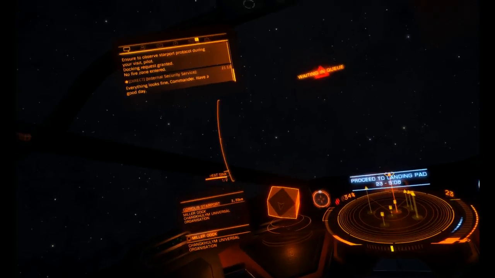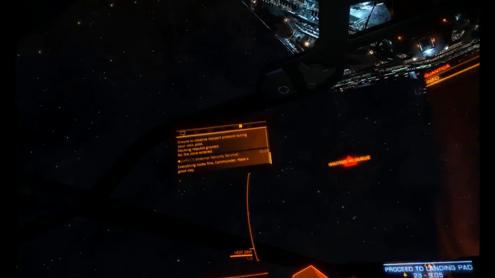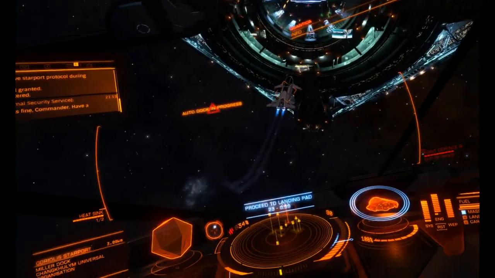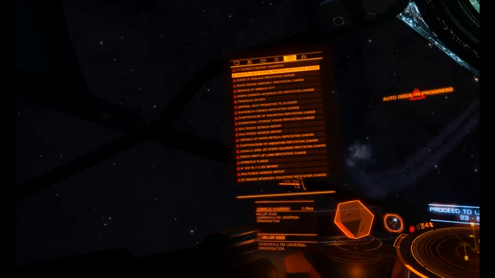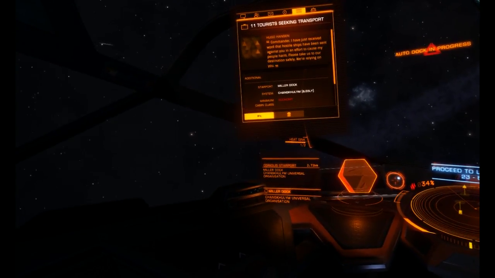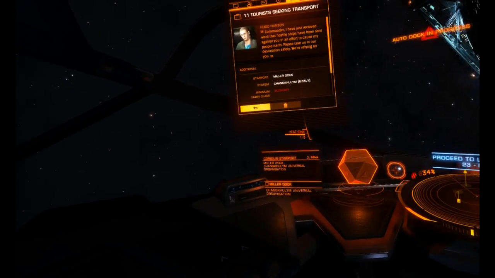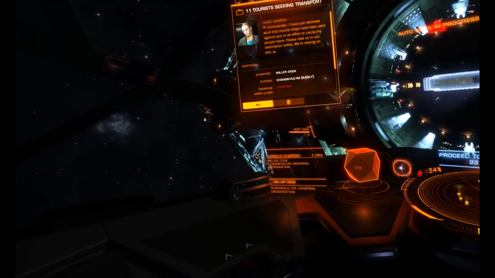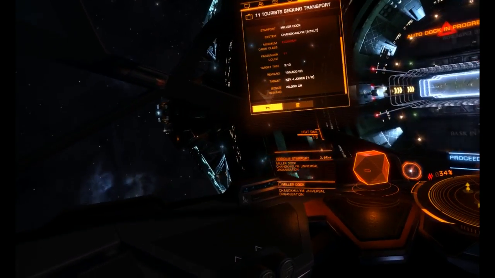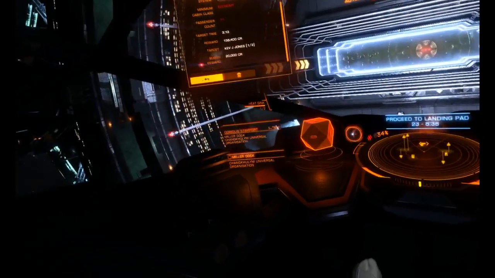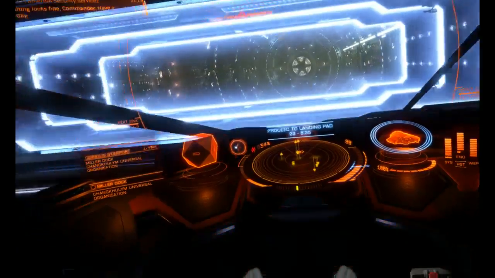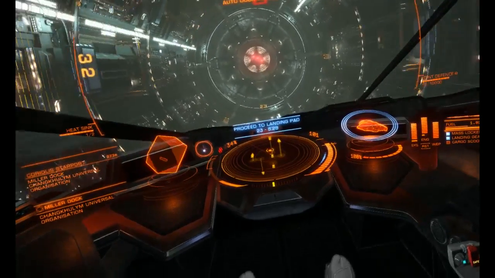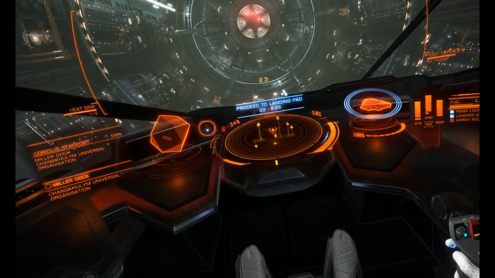Docking request approved. Land on designated pad number 23. You are clear for automated approach, Commander. Landing gear deployed.